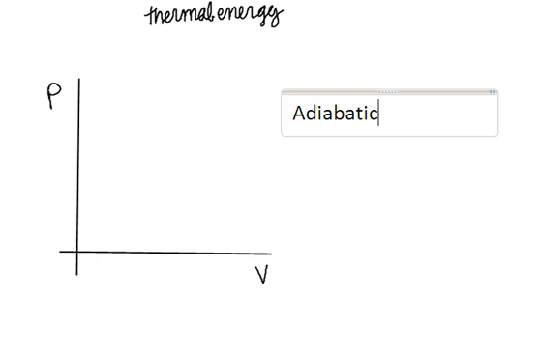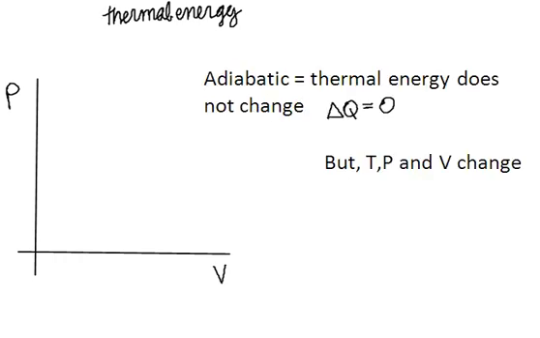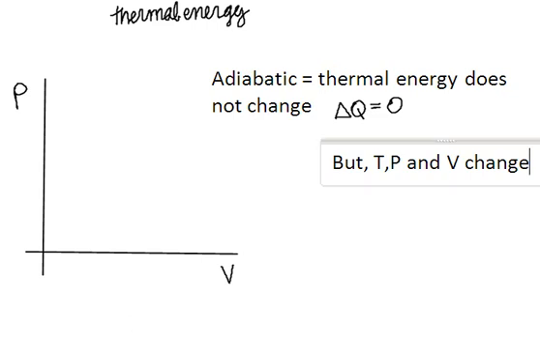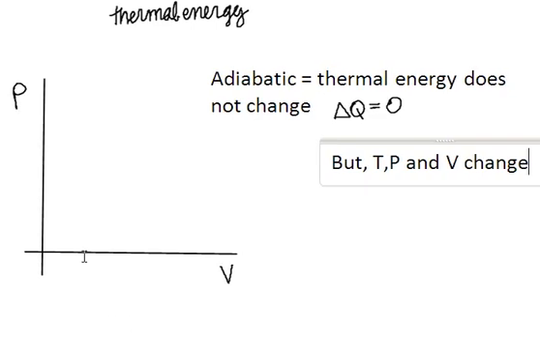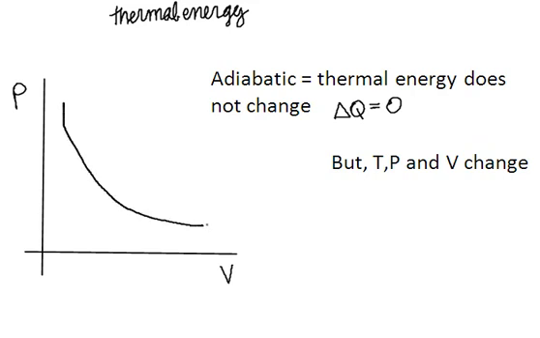Okay. It's a process in which the thermal energy does not change. So adiabatic, thermal energy does not change. That means delta Q is 0, but temperature, pressure, and volume change. And so it looks like an isotherm, but it's not. It's still curvy, just like an isotherm.